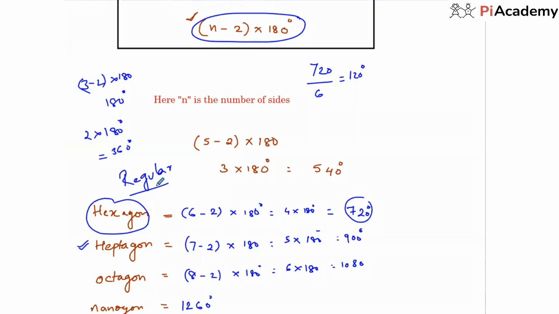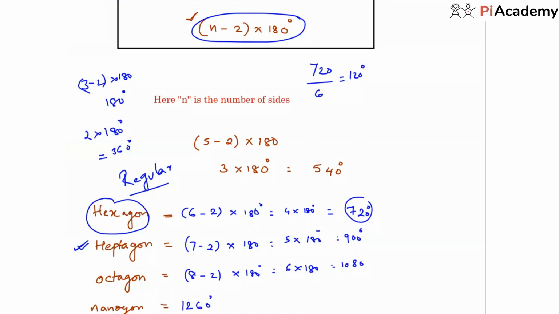So if it is a regular heptagon, can you tell me what is each angle in a regular heptagon? Would you not just do 720 divided by 6, and then you get each angle in the hexagon?